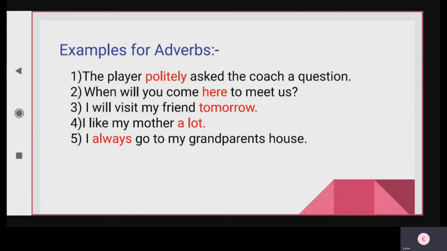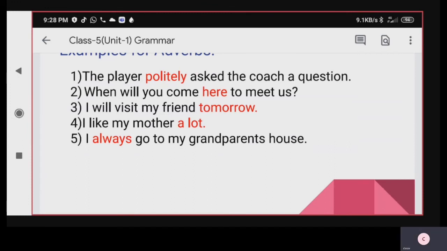Fifth one, I always go to my grandparents' house. Children, the words which are in red color are describing the verbs, and so they are adverbs.